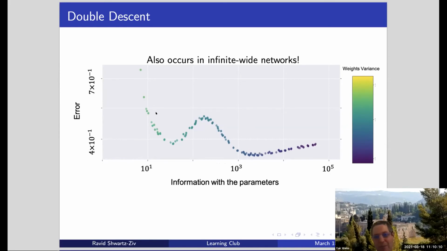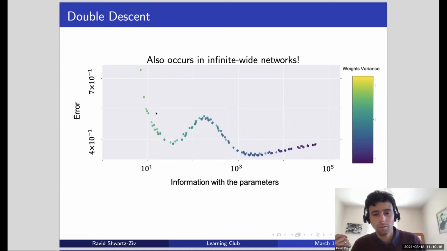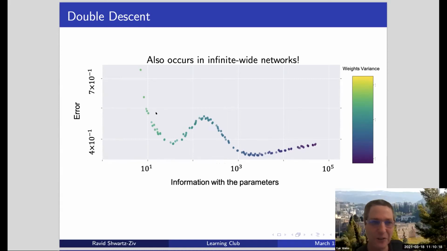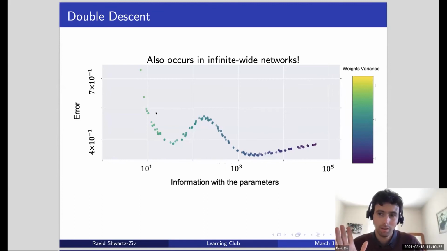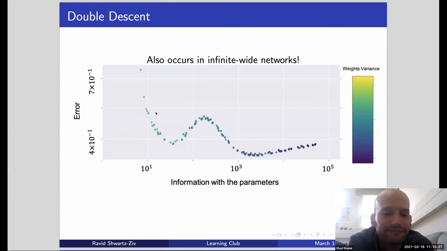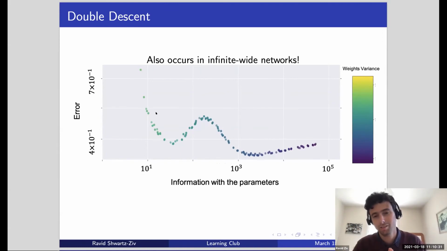No, but you can't really program an infinite network, right? What do you mean? Explicitly, so. So you must be using the kernel trick in order to train the kernel. Yeah, it's the NTK. It's the approximation of infinitely wide networks.